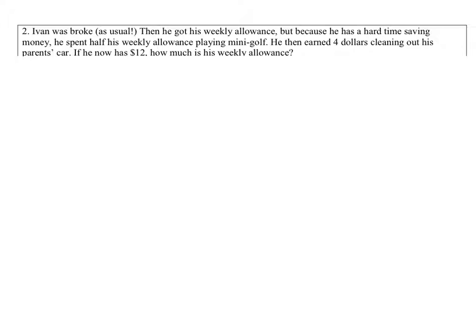Okay, so there's a couple ways we can look at this. Ivan was broke, and he spent half his money playing mini golf. Then he earned $4. Now he has $12, so $12 equals X divided by 2 plus 4, where X is his allowance.